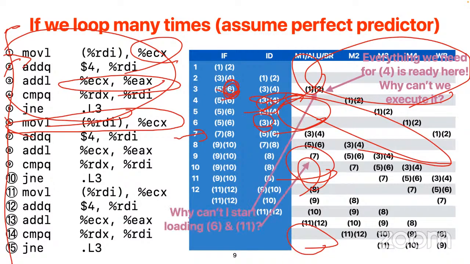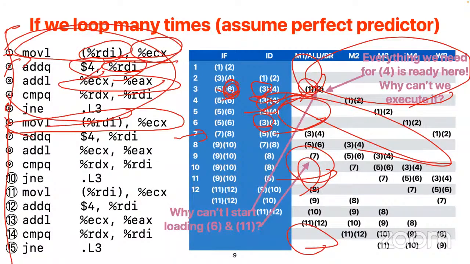But if you look at the code carefully, some of you might argue that because 3 is waiting for 1, there is no way we can make progress. That's true. But look at the movl instruction here: it actually depends on RDI, and the RDI value is updated after instruction 2 finishes execution.